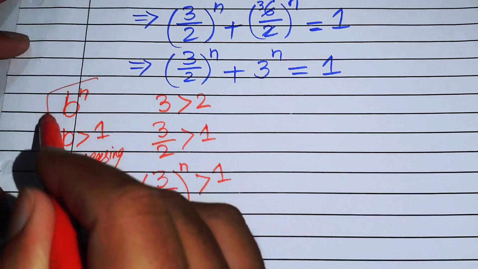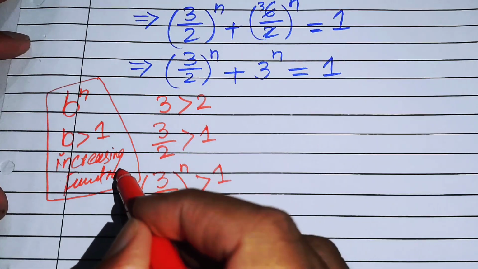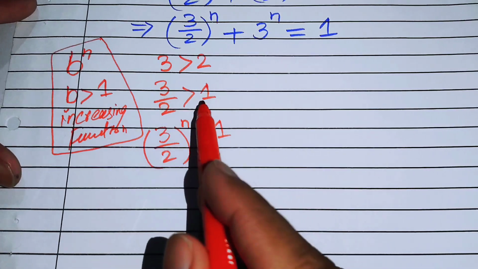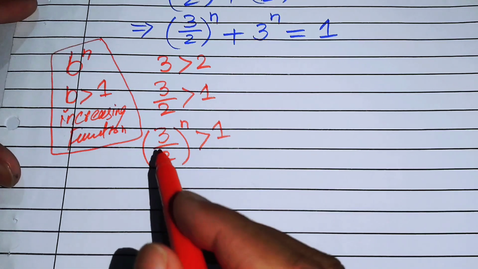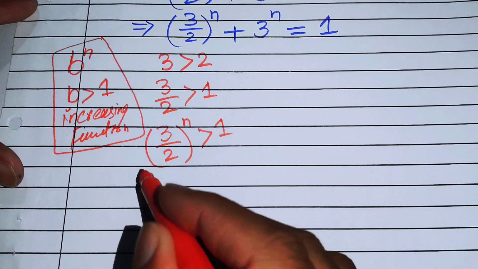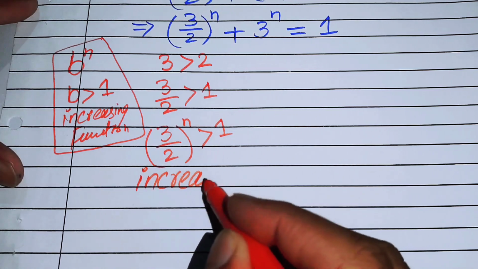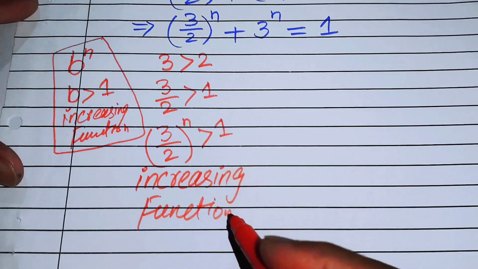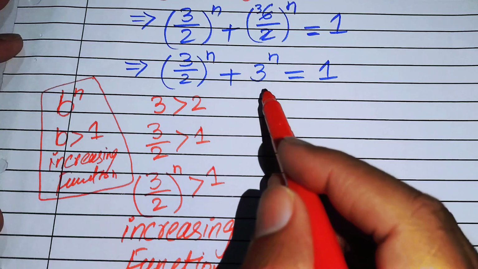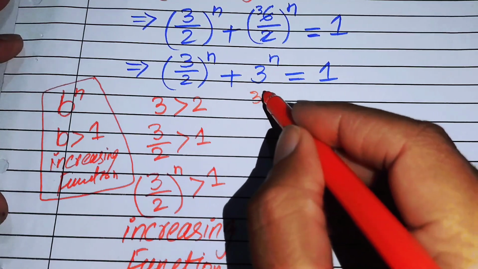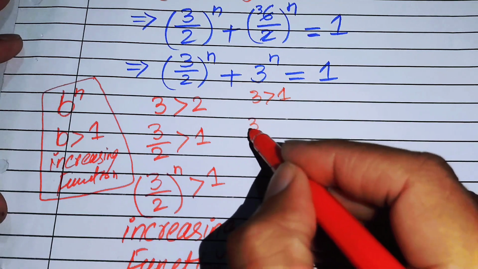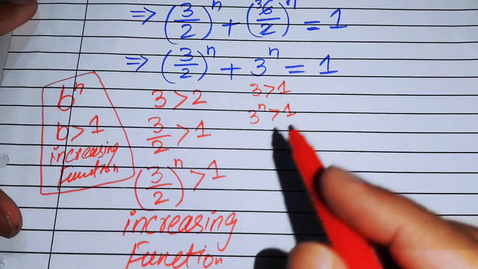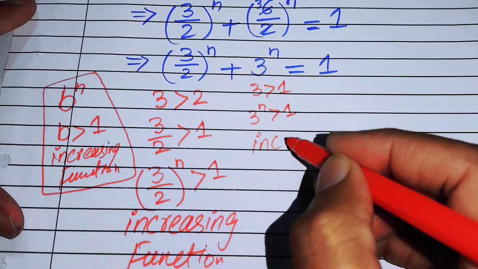According to this fact, our 3 over 2 itself is greater than 1, so 3 over 2 and its whole power n is an increasing function. And if we apply this rule here, then 3 is greater than 1, so 3 to the power of n is also an increasing function.